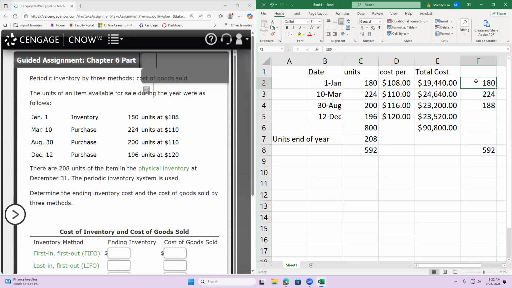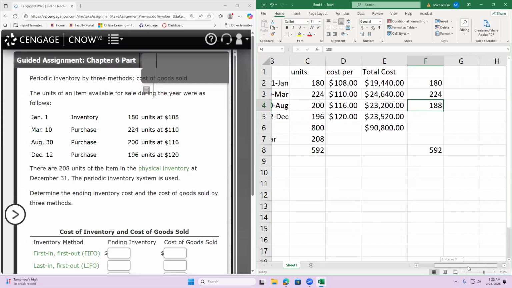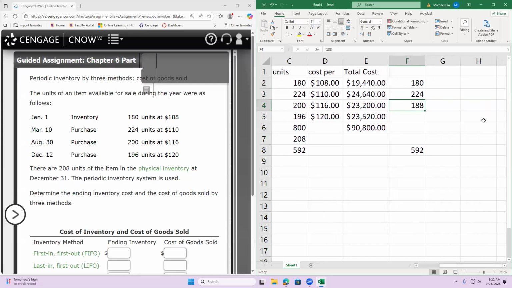I sold all 180 of the January 1st units, plus all 224 of the March 10th units, plus 188 of the August 30th units. Does that make sense? That adds up to 592. So to find my cost of goods sold, I would just take the number I sold times the cost per unit.